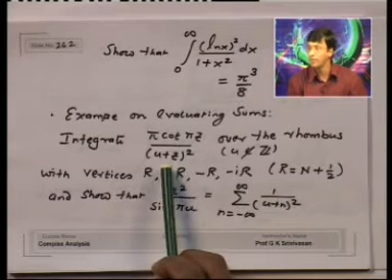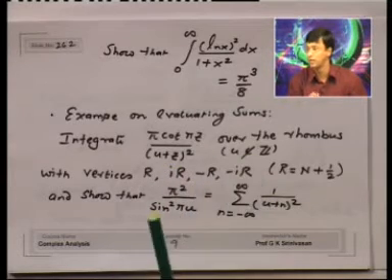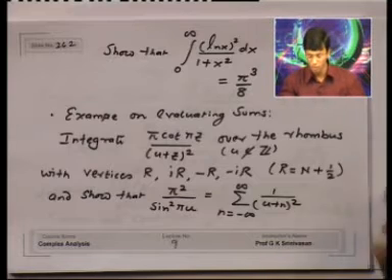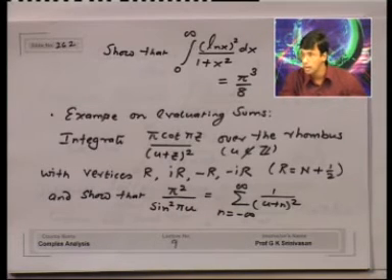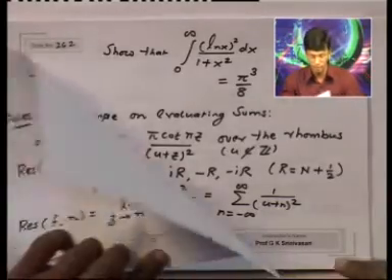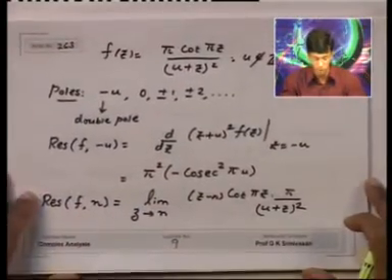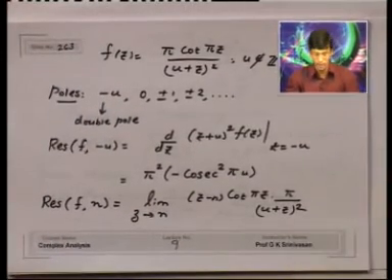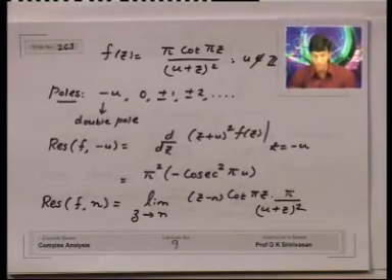Otherwise, this will interfere with the other poles and make it a triple pole. We do not want that. So, minus u is a double pole, and there is a simple pole at the integers. Okay. So, the poles are all written here.